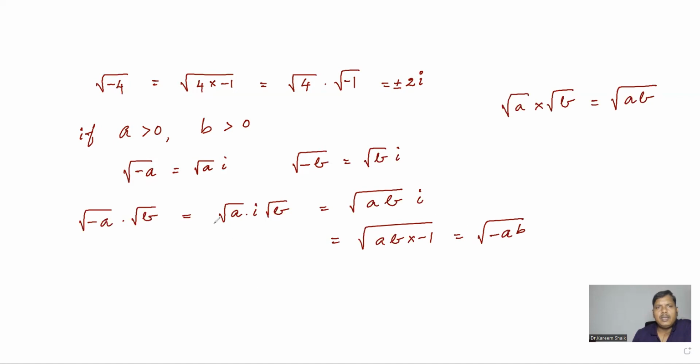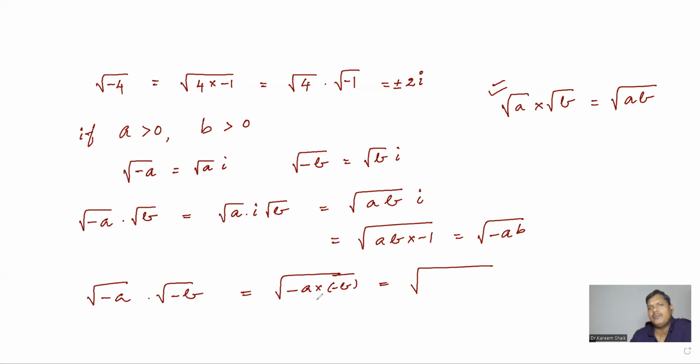Now, is the same property applicable for the square root of negative a into the square root of negative b? By using this property, can we write it as the square root of negative a into negative b, which is the square root of positive ab? Let's check whether it is right or wrong.